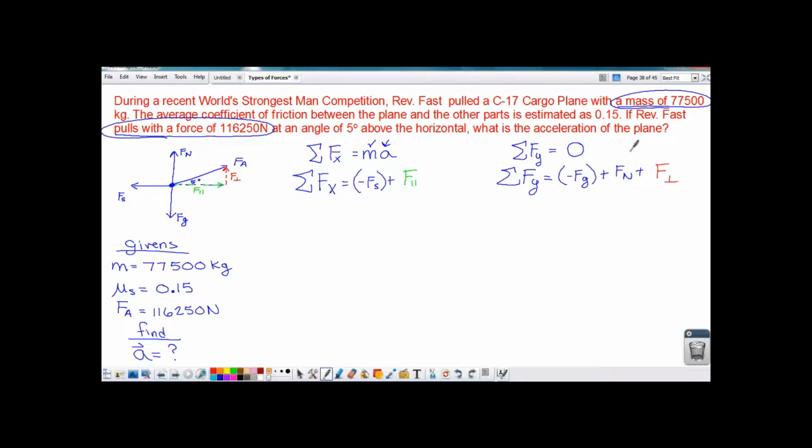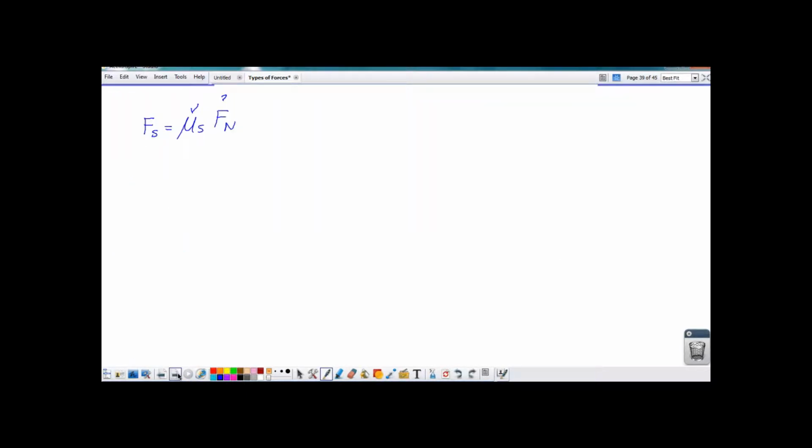Normal force is in this equation. I don't know the gravitational force, but I'm pretty sure I could find that fairly easily. And I don't know the perpendicular component. So we need to find the gravitational force, which is the mass times the gravitational field constant, and we need to find the perpendicular component. Let's go here. We have a nice equation to solve for that one.